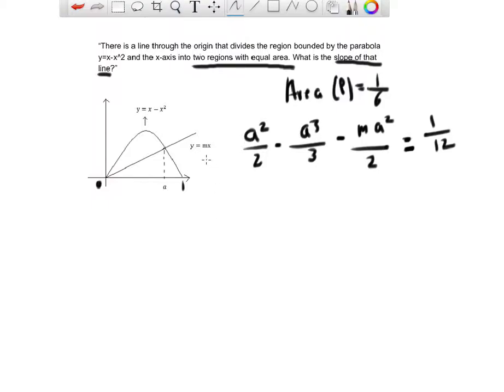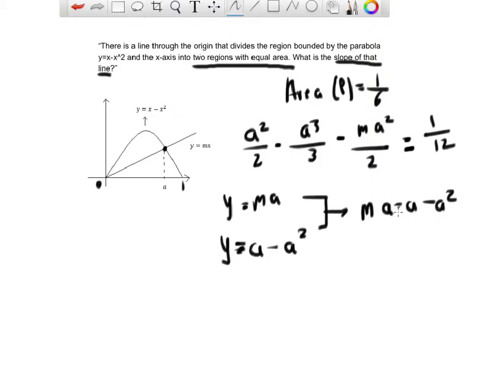Well, since we're talking about y equals mx, how do we relate one function to another expression? We look at the intersection at this point. And there we can see y equals ma and y equals a minus a squared, because we are plugging the x value of a into both functions at the intersection. And because it's the intersection, we can equate these two. ma equals a minus a squared.